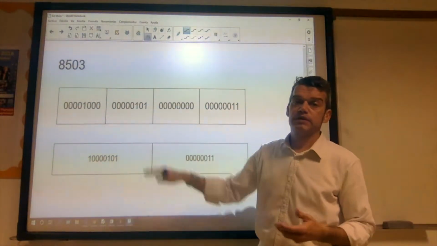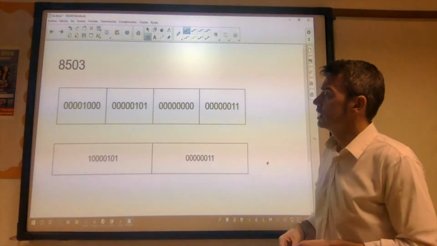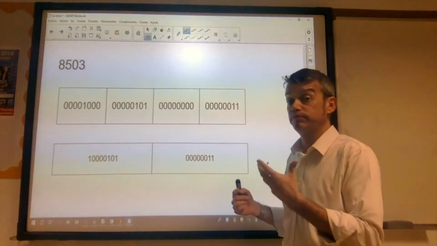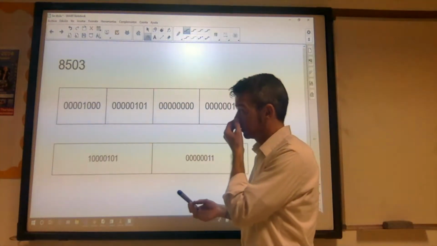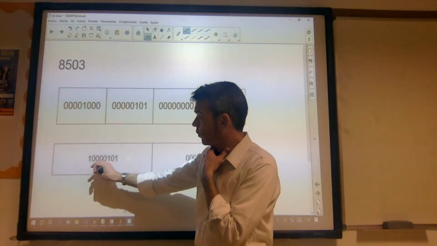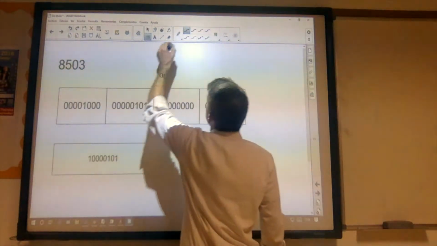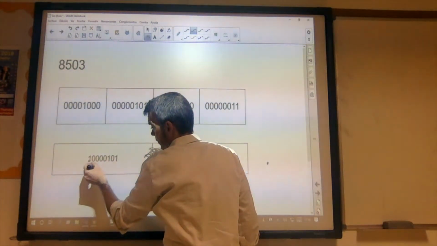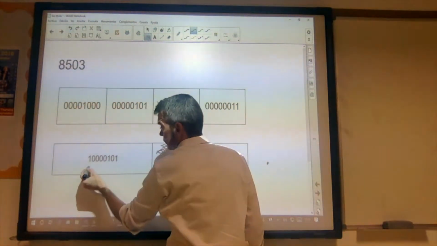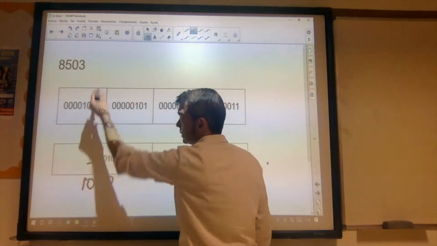This is a little bit inefficient because we've always got these 4 leading zeros, so we can combine 2 numbers in the same byte. In this one, for example, our first 4 bits here are 1, 0, 0, 0, which we know is 8.